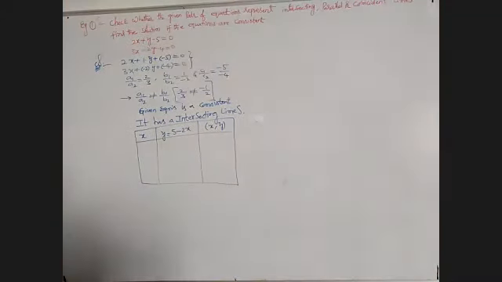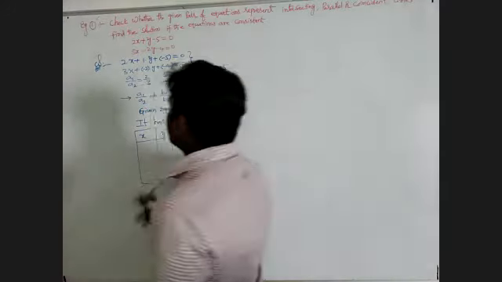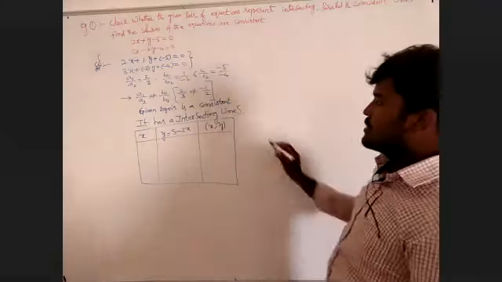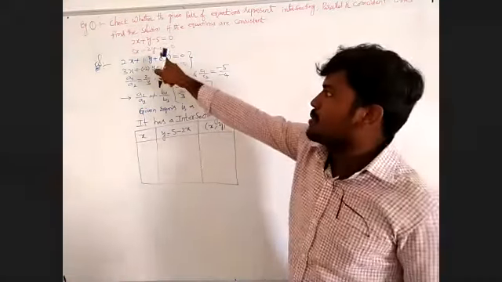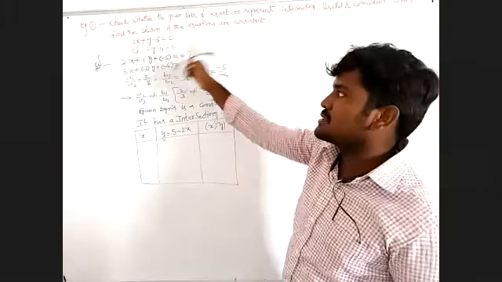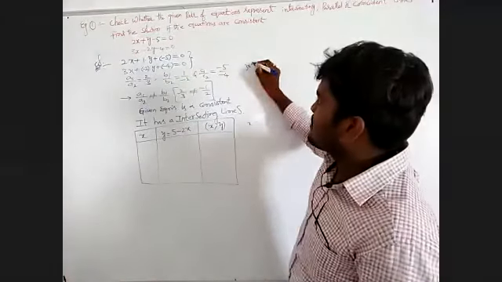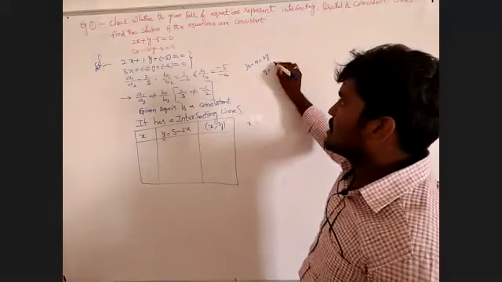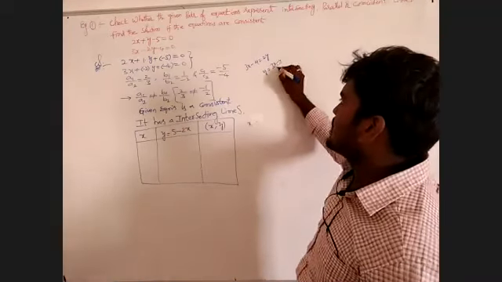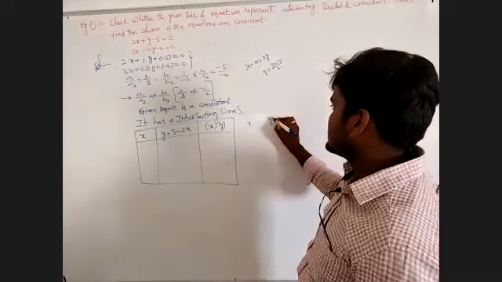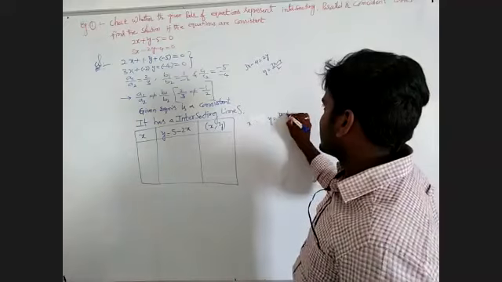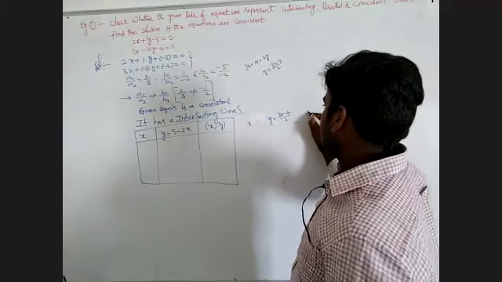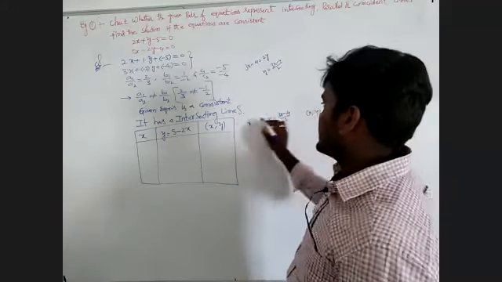The second condition is 3x minus 2y minus 4 equals 0, so 2y equals 3x minus 4, where y equals 3x minus 4 by 2. We also have to plot their points x comma y.